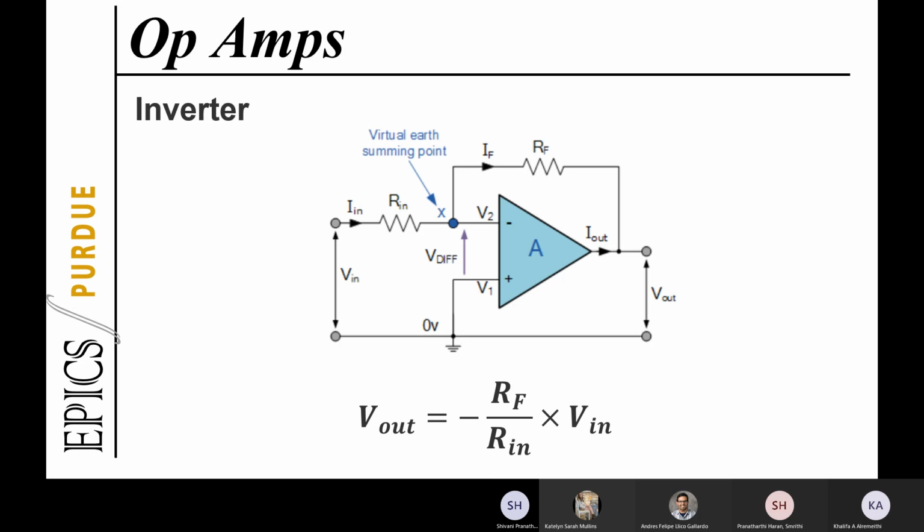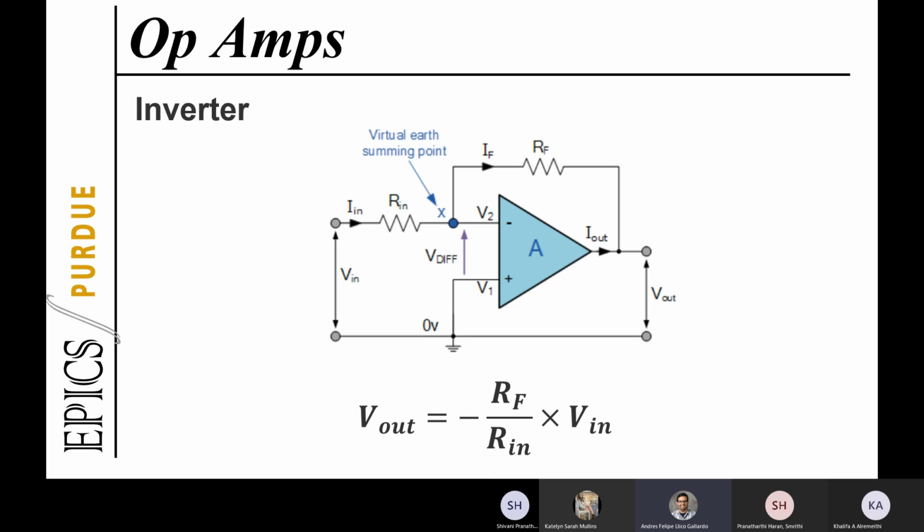So whenever one of them becomes bigger than the other, let's say the negative terminal becomes larger than the positive terminal, then that difference is amplified at the output such that I want that difference to become 0.